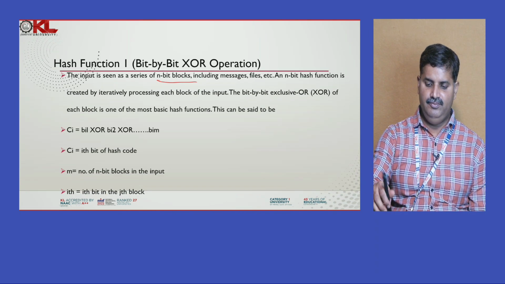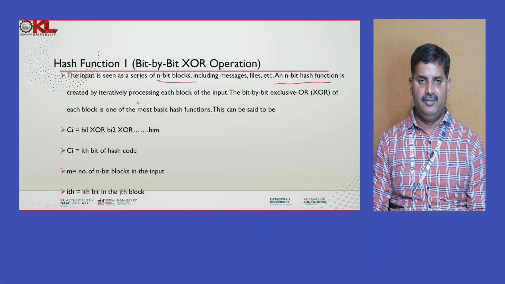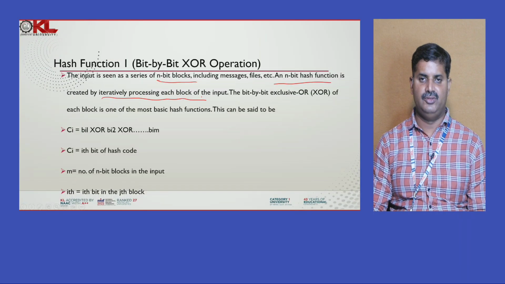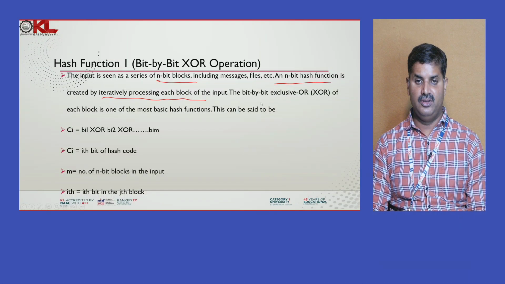An n-bit hash function is created by iteratively processing each block of the input. How is each block iteratively processed?